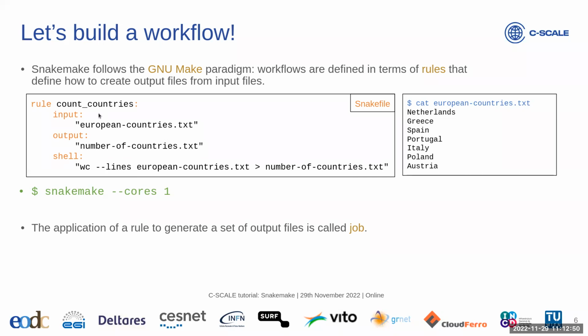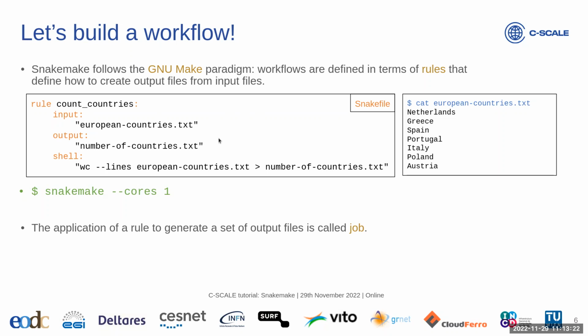Basically, you have a call to a program here that's going to transform, or somehow extract some data from the input file and put it into an output file. So this is the most basic Snakefile. That is what is called a Snakefile in the Snakemake jargon. This is where you write your workflow, and the workflow is going to consist of a set of rules.